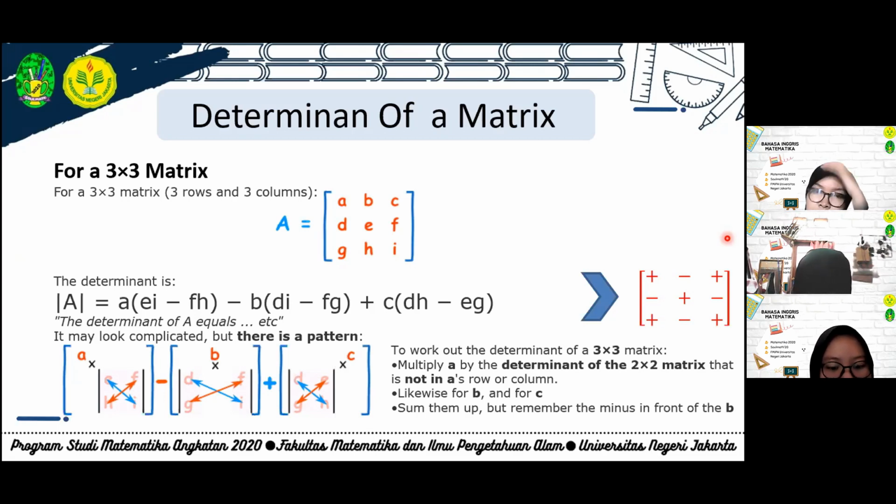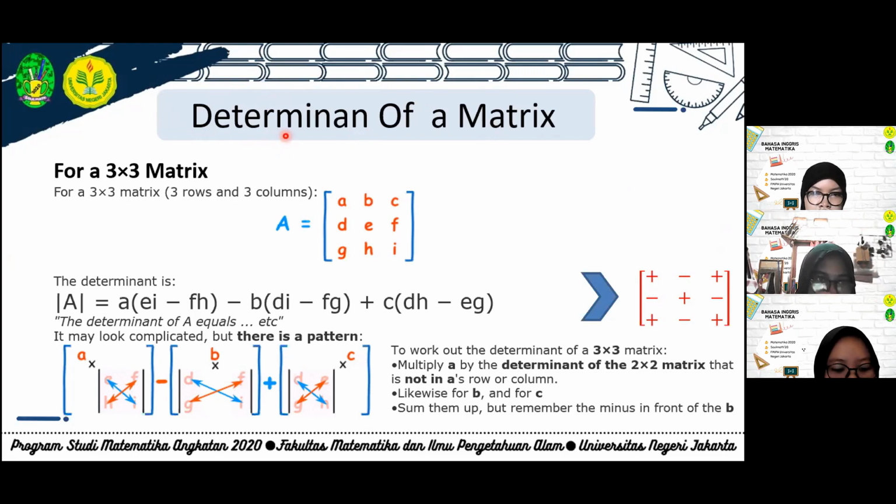Then a will be multiplied with the determinant of e f h i. Next, we subtract the product of b multiplied with the determinant of d f g i, because b is present in the first row and the second column, so after excluding them, only 4 elements remain, that is d f g i. And to this, we add the product of c with the determinant of d e g h.